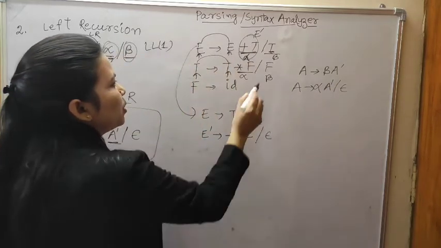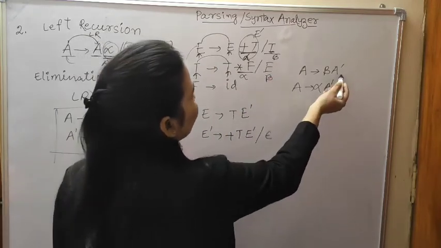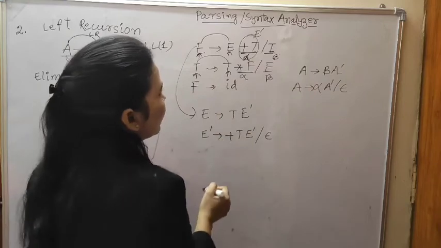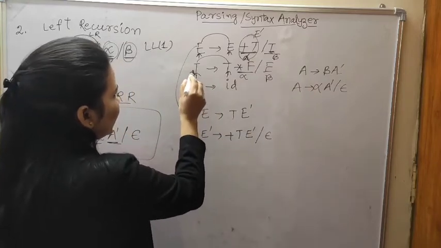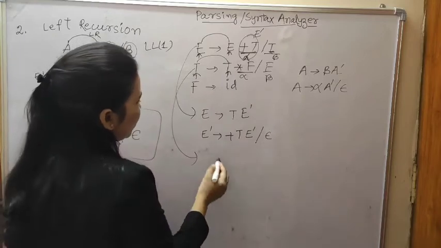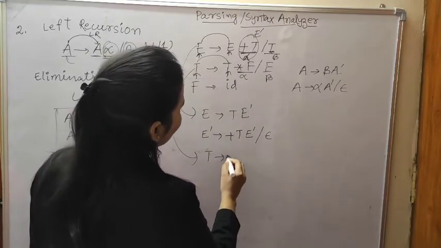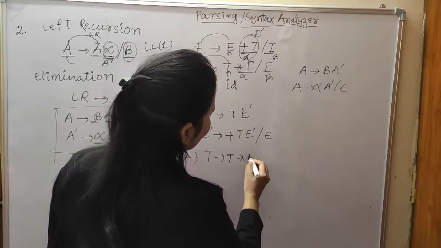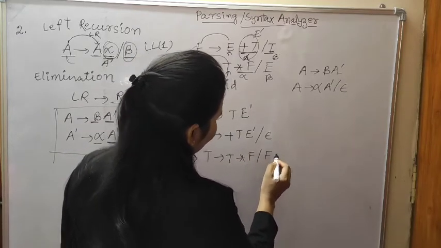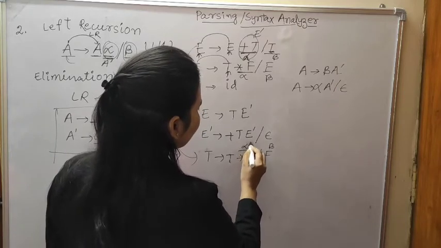Which one is beta? This is F. Okay, this place is F and A dash, this is T dash. Okay, so the second one, T, we will eliminate because this is also a left recursive grammar. So what is the grammar given? T goes to T star F or F. I told you that this part is called beta and this one is called alpha.